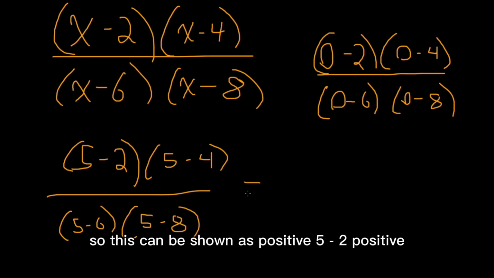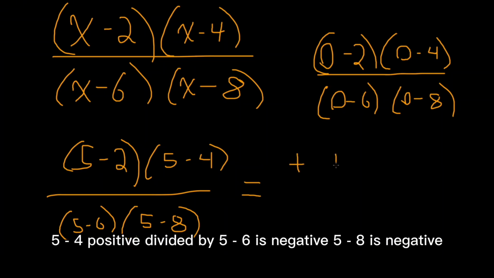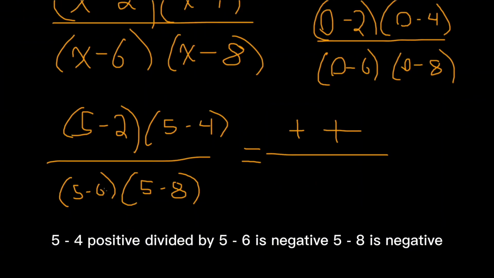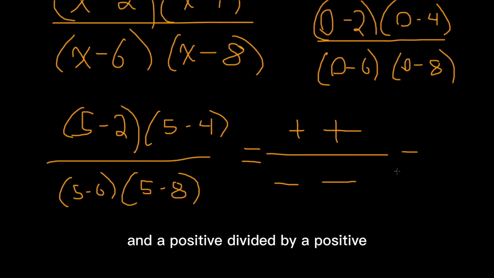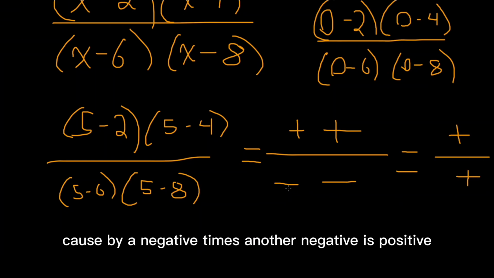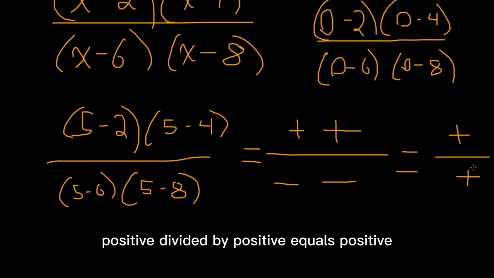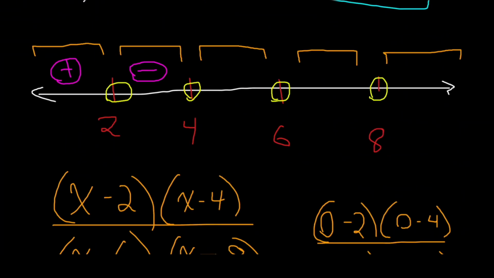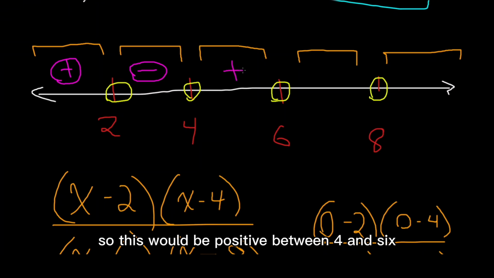So this can be shown as a positive, 5 minus 2 positive, 5 minus 4 positive, divided by 5 minus 6 negative, 5 minus 8 negative, and a positive divided by a positive, because a negative times another negative is positive. Positive divided by positive equals positive. So this would be positive between 4 and 6.